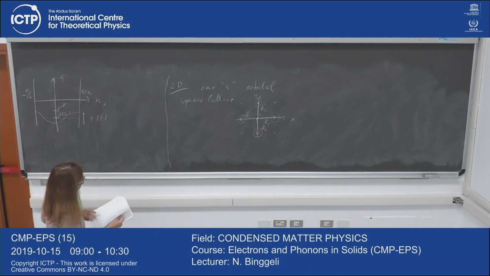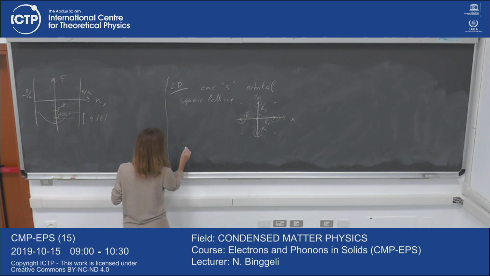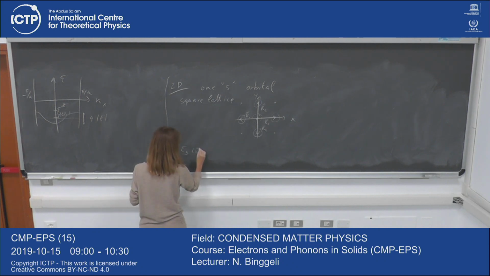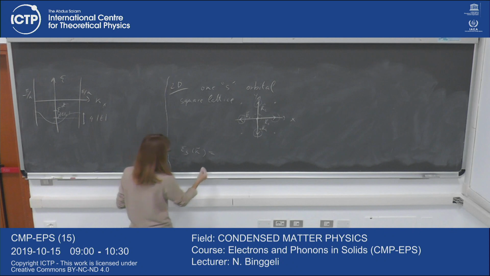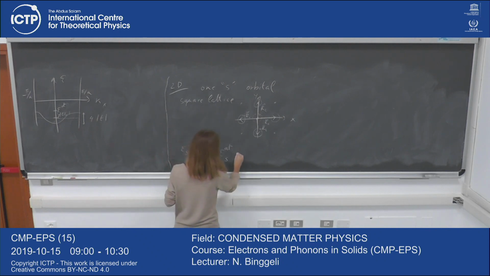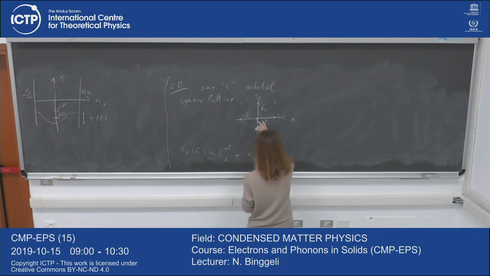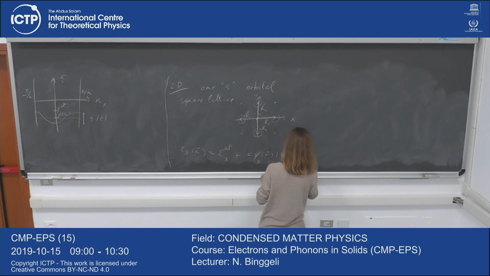So in this case, what I'm getting for the diagonal element that corresponds to this S band will be an energy epsilon S of k, which will be the atomic energy of the S band plus the matrix element of phi S on the reference site with the crystal field, and the same function.